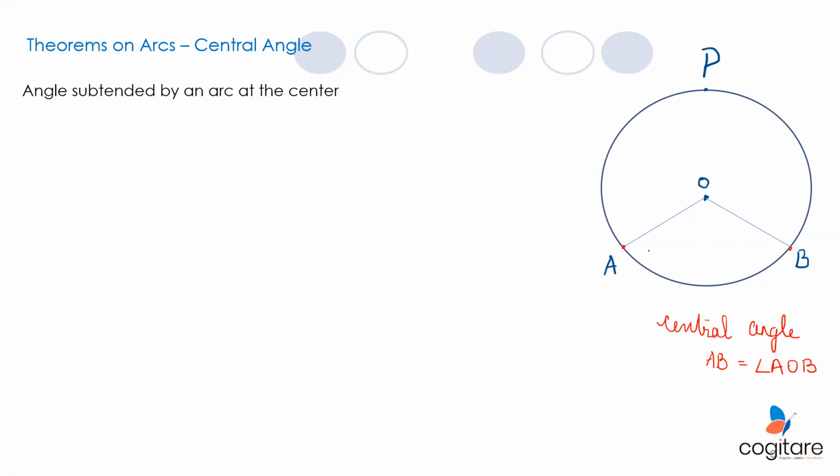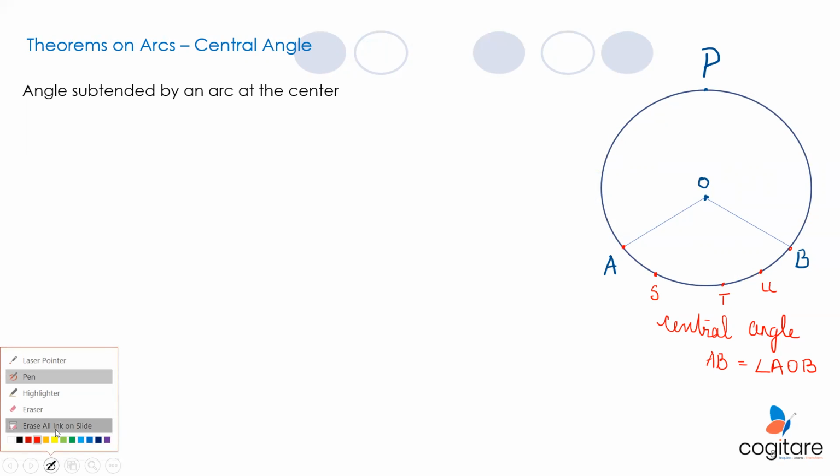I'm not talking about any point here or here or here, because all these points, let's say this is S, this is T, and this is U, all lie on the arc, but I choose to pick a point that does not lie on the arc AB.